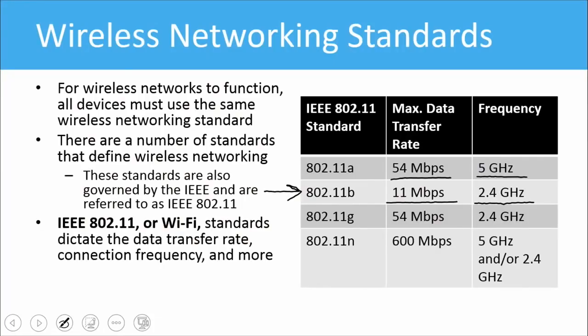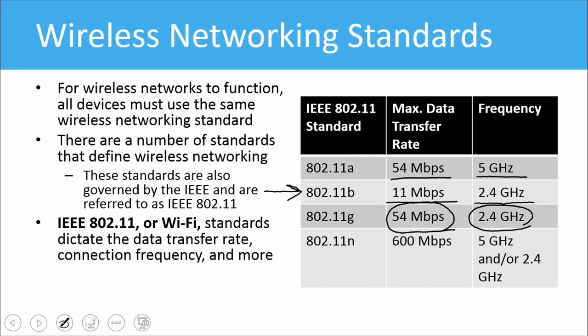And so I like to think of G as being a child of A and B. If we go back to the screen here, you'll see I always think of G as inheriting 54 megabits per second from A, whereas it inherits 2.4 from B. So while B is slow and low, A is fast and high, and so G is fast and low. If A and B were parents, they would pass along those traits to G.